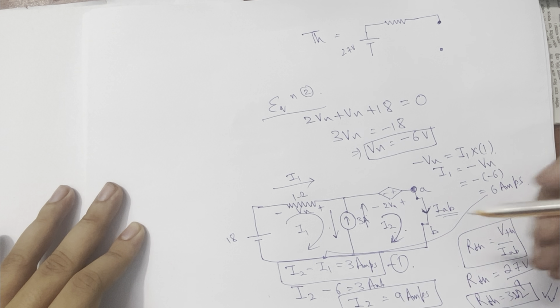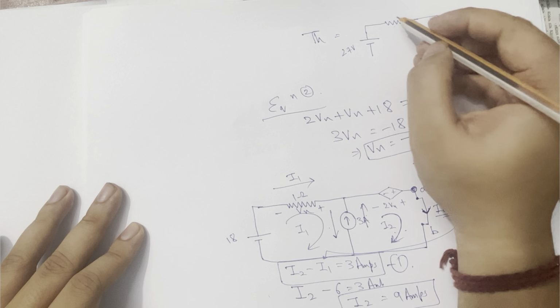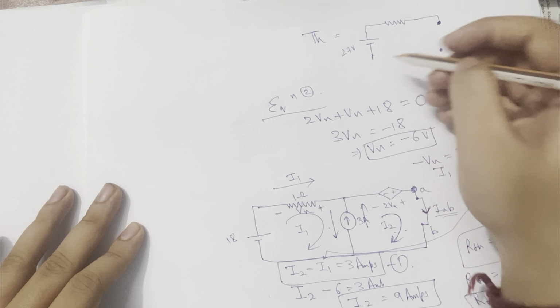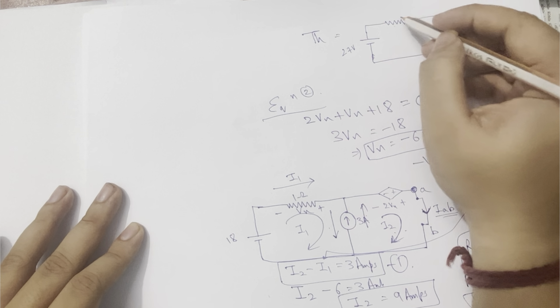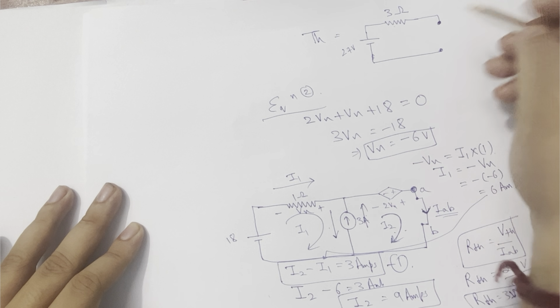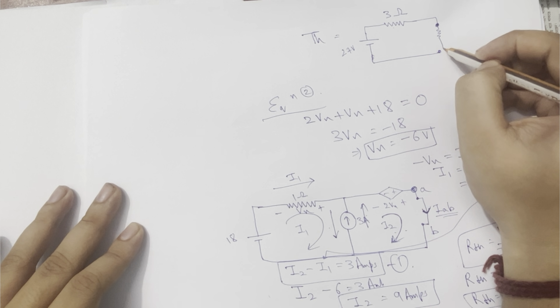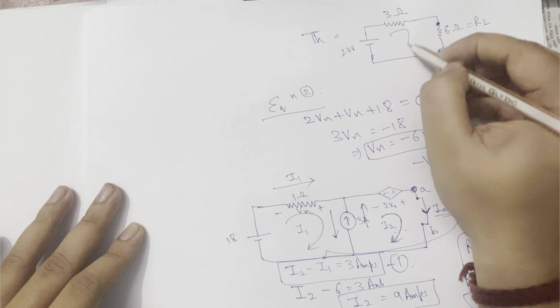because with independent sources, sometimes for getting the magnitude right, negative resistance also may come, so be careful about that. So we will see an example of that too, don't worry. So 27 volts and RTH is nothing but 3 ohms, and this is our load resistance of 6 ohm. So what is the I load?